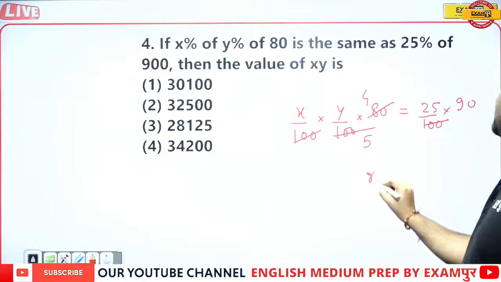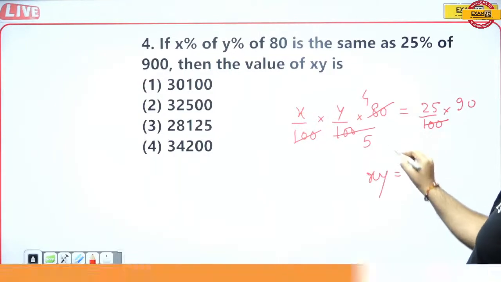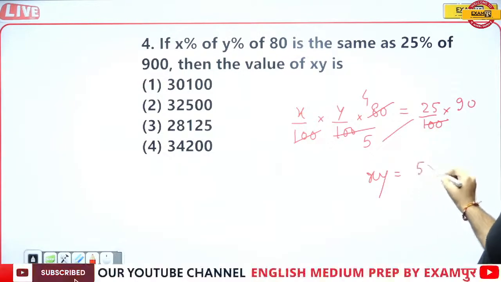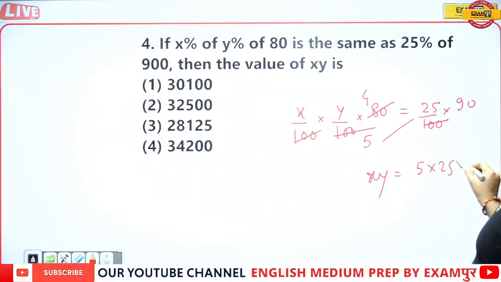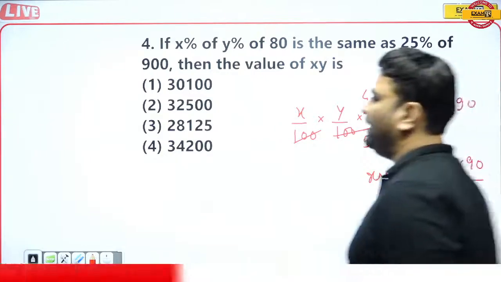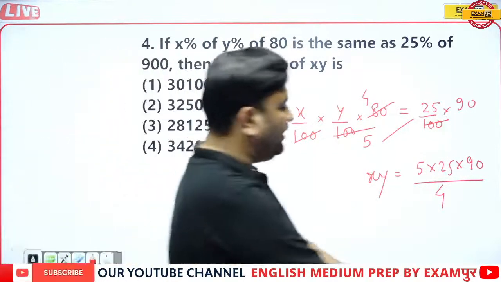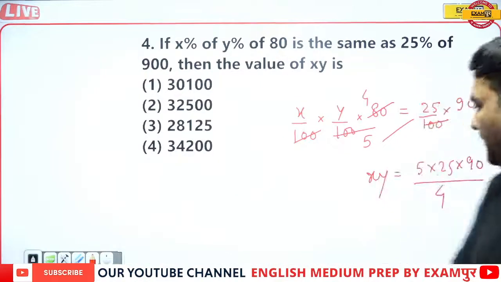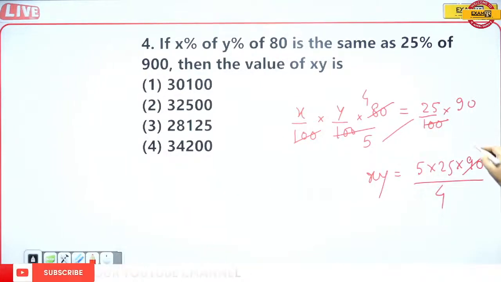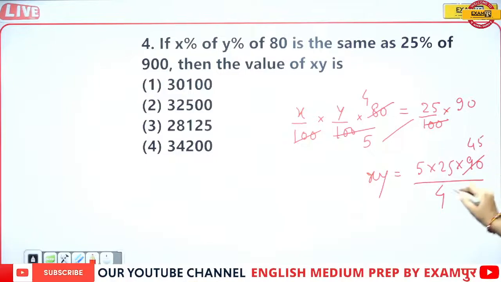So XY is coming out to be 5 into 25 into 90 divided by 4. When you simplify, it will simplify 5 times, it will simplify 2 times.